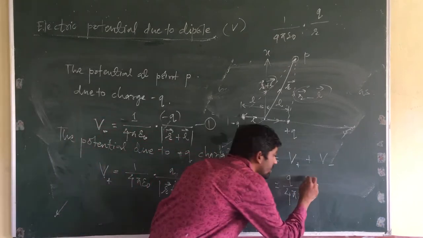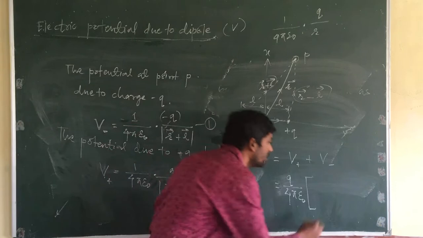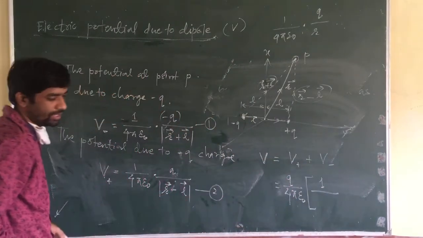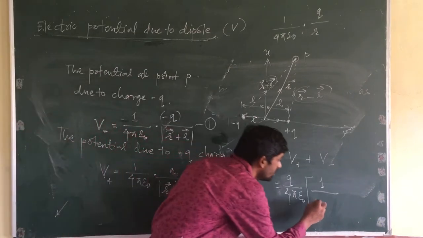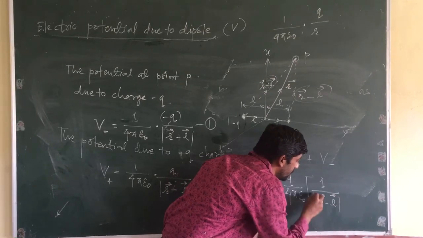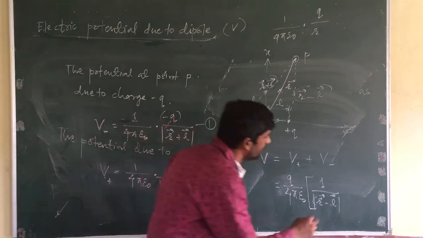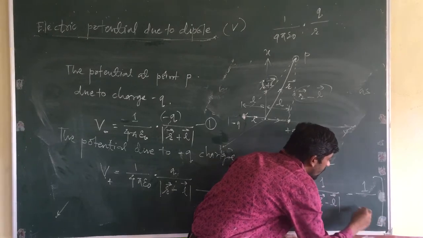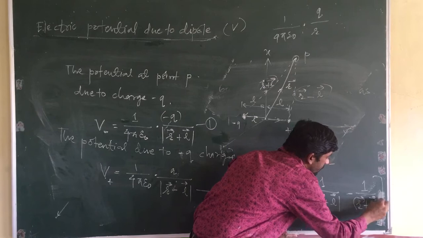So you can write q times 1 upon 4 pi epsilon naught, then 1 upon the magnitude of r vector minus L vector for the positive charge, and minus 1 upon the magnitude of r vector plus L vector for the negative charge.